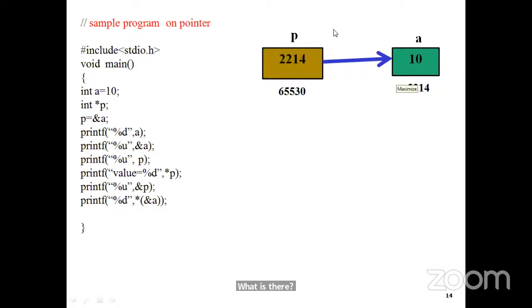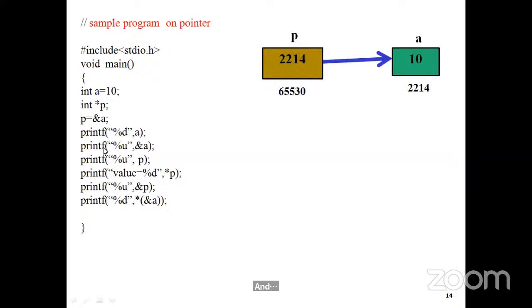Can anyone tell me? Okay. So inside A, the value is 10. That means whenever you write printf percentile D comma A, what is the output? The output is 10.